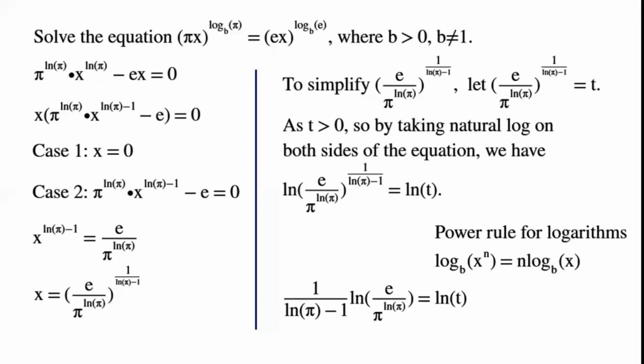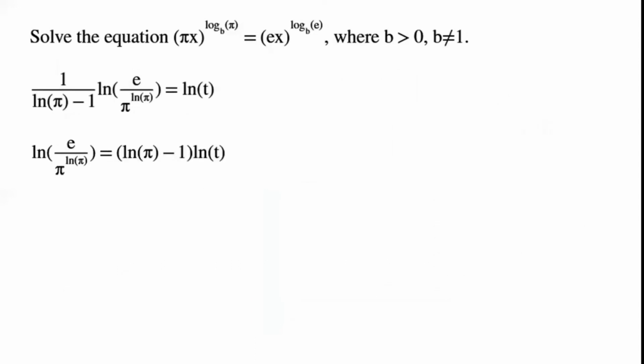So we can now write 1 over (ln π − 1) times ln of (e over π^(ln π)) equals ln t. By rearranging, ln of (e over π^(ln π)) equals (ln π − 1) times ln t.